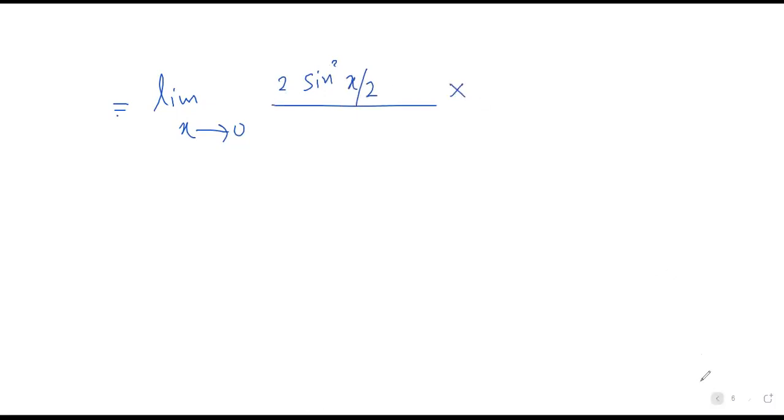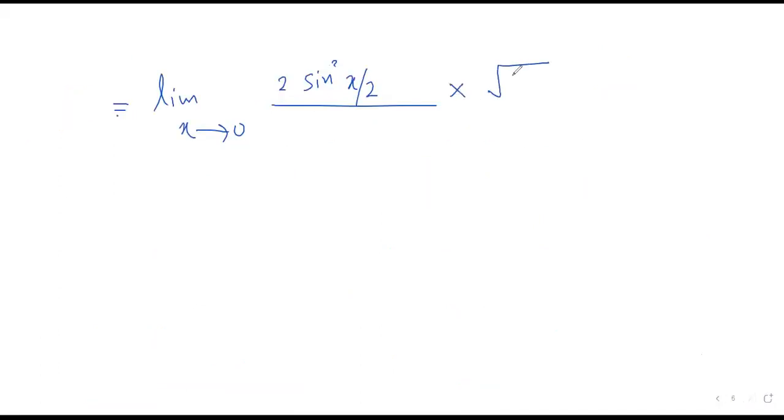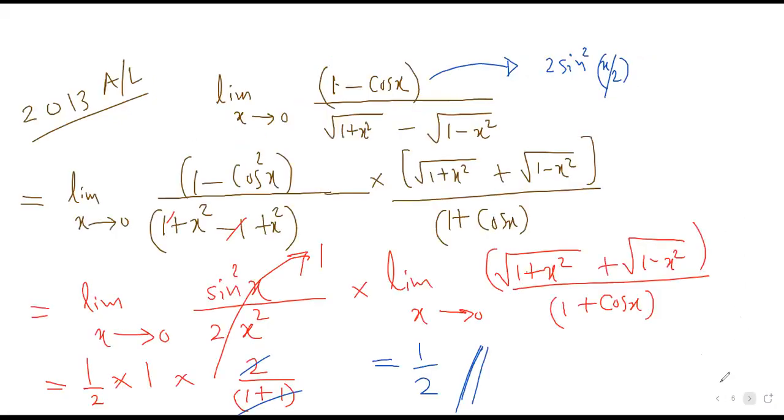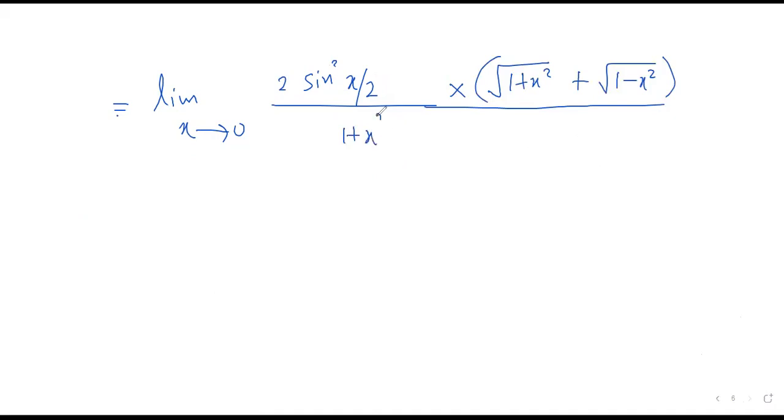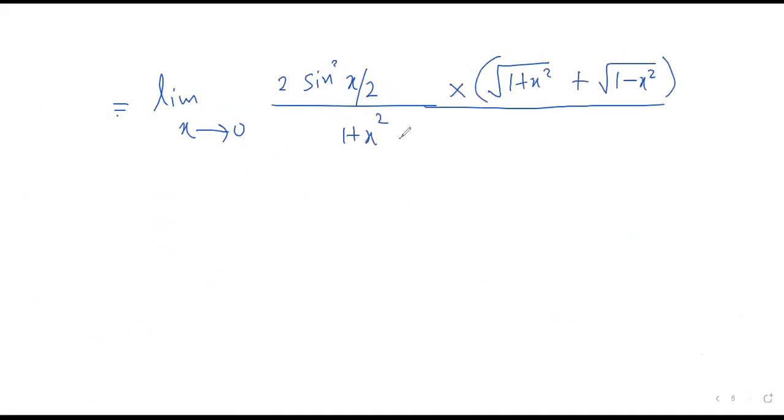You multiply by the conjugate of the denominator, 1 plus the square root of 1 plus x squared plus the square root of 1 minus x squared. Then the denominator becomes 1 plus x squared minus 1, minus into minus plus x squared, like this. Then plus 1 and minus 1 cancel.